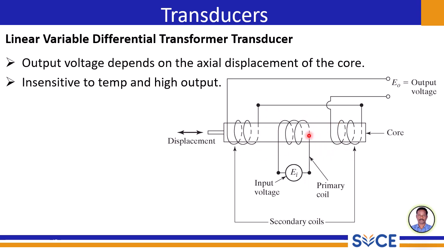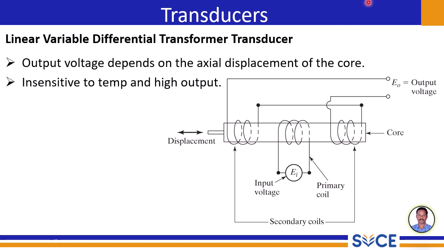When the core is centrally located at the null position, the magnetic flux linking both secondary coils is equal, and if the secondary coils are wound with the same number of turns and connected in series opposition, their output voltages will be equal in magnitude and opposite in phase, resulting in zero net output voltage.